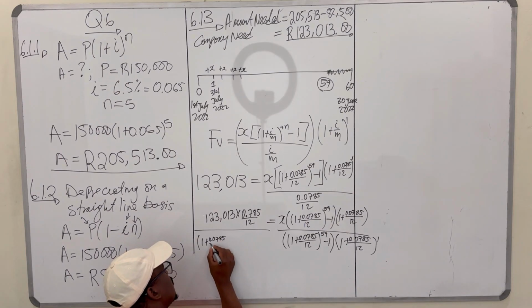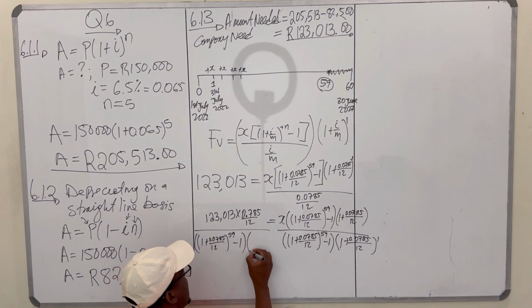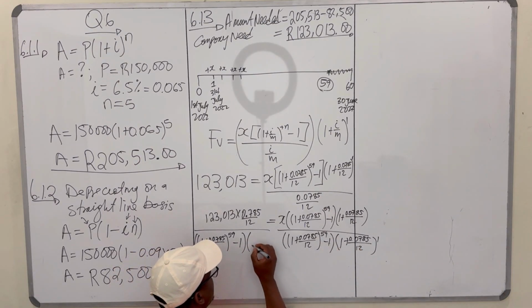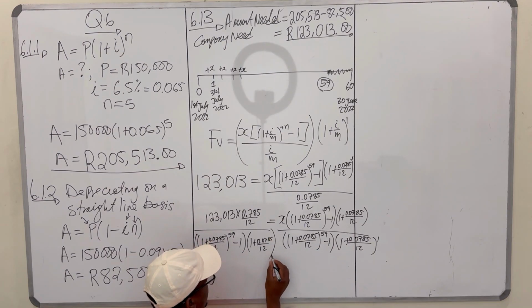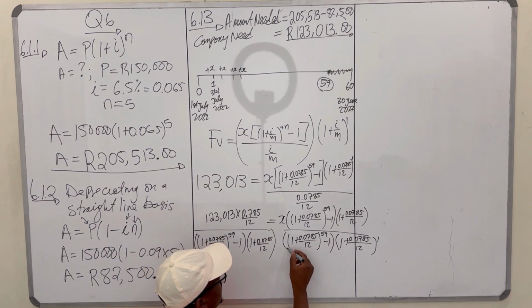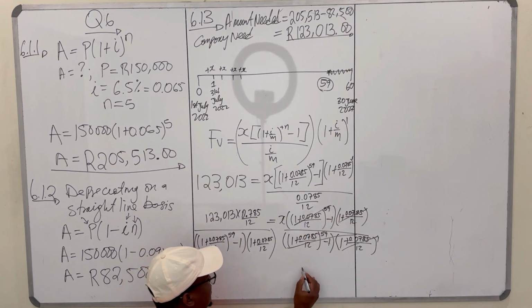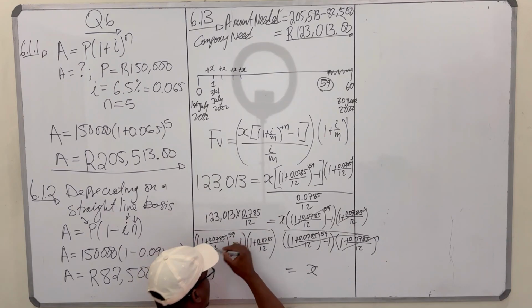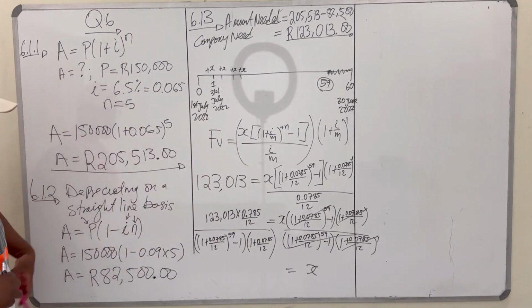So this and that go away, this and that go away. So this side we're left with X is equal to whatever the answer of this thing is. Punch that in your calculator and see what you get.